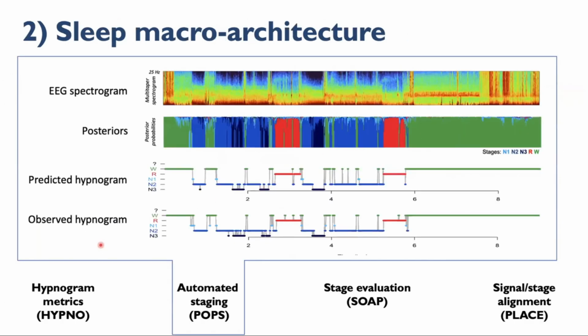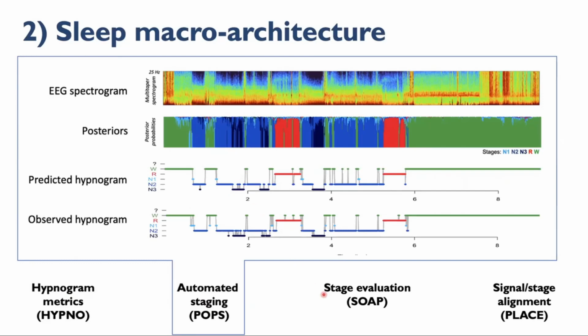Second, there are commands to quantify multiple hypnogram metrics, possibly allowing for truncated recordings to estimate non-REM cycles and annotate signals based on hypnogram-derived measures. If staging data do not exist, the POPS module can generate automated probabilistic staging calls, as shown here, one example. It is quite flexible and appears to perform comparably to other current best-in-class stagers.